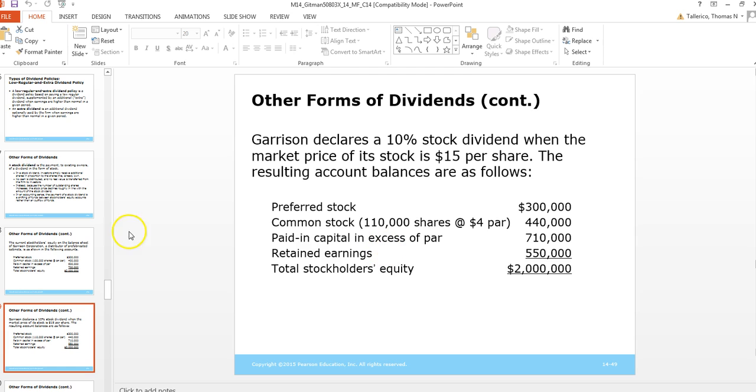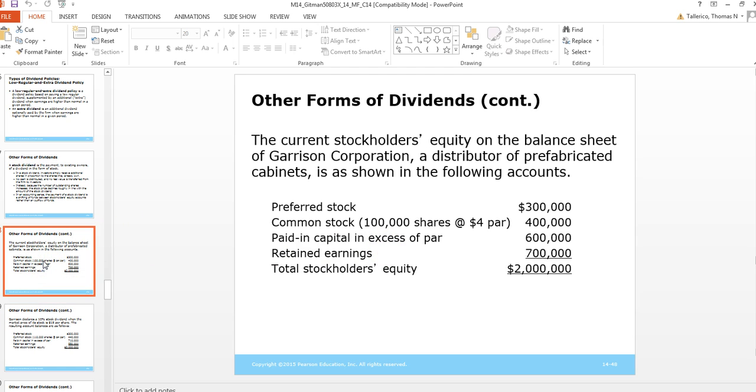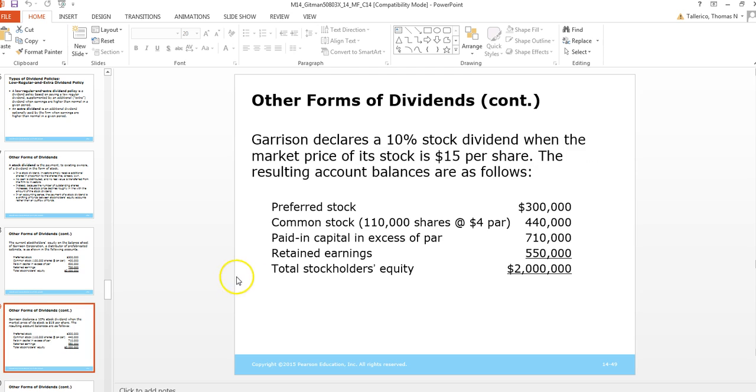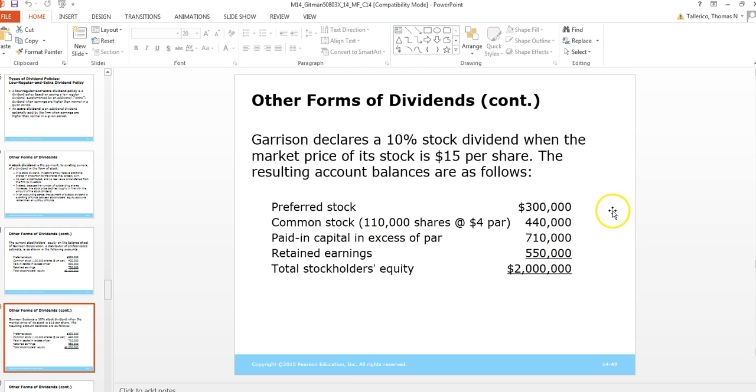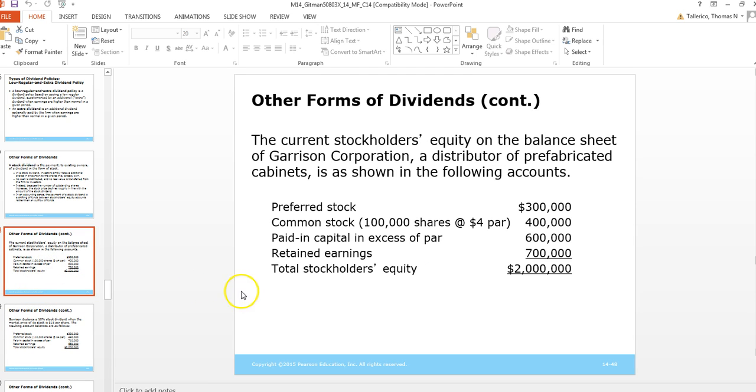So the retained earnings is 550,000. So that had to come out of the retained earnings, right? And so the total stockholders' equity remains the same. So what you'll notice is that this was $1 million total, and this was 700. So this dropped to 550, right? 150,000 came out of there, and that 150,000 was distributed to this here.